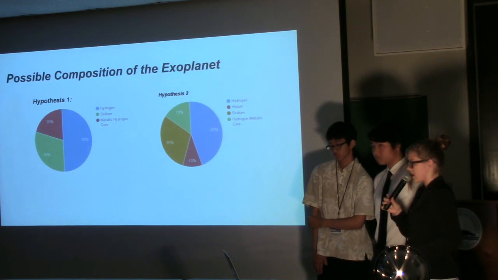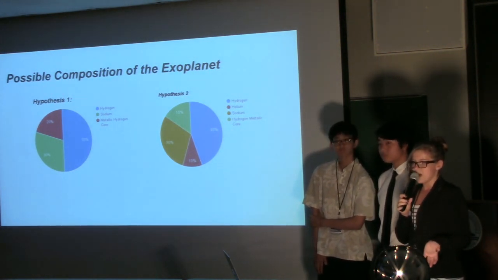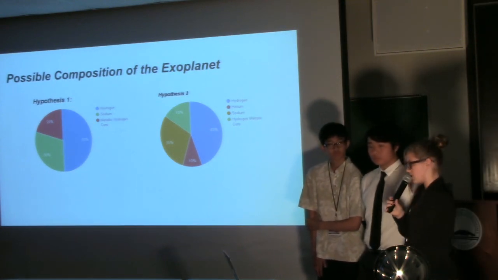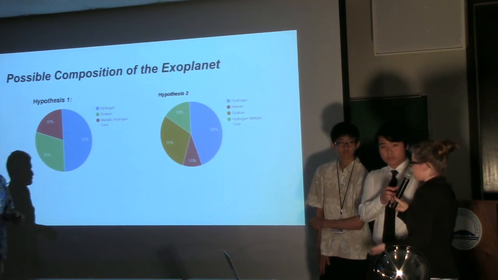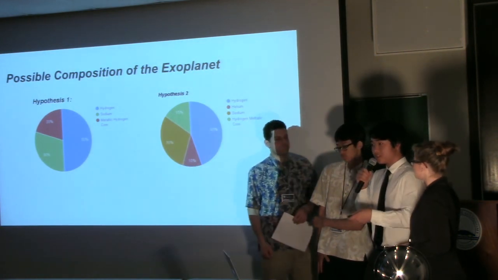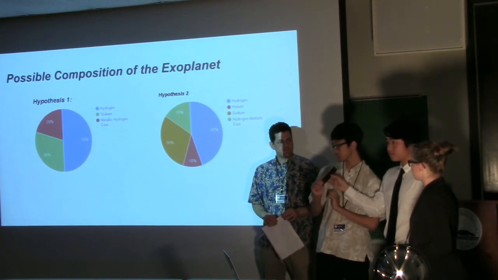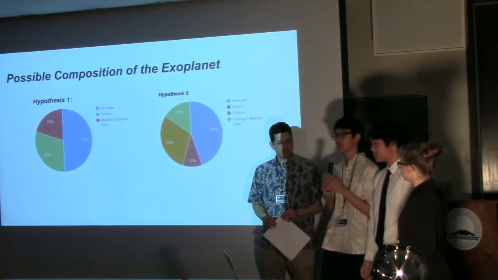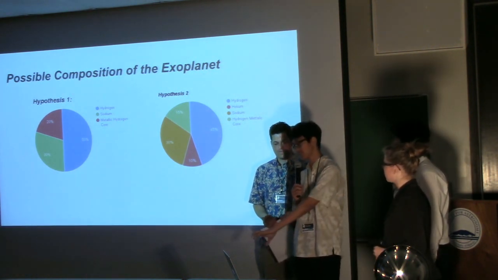So it's great to have other means of trial and error, and just to have an example of what it could be as a gas giant, because we don't know for sure if it's just hypothesis 1 or just hypothesis 2. These hypotheses should fit the density about the same as the density that we found. Also, we looked at common gases that are present in exoplanets. So hydrogen and helium were the most, so we wanted to put helium as one.